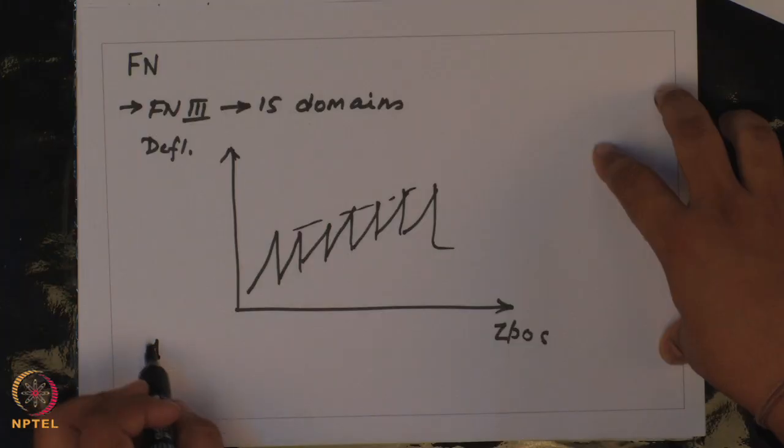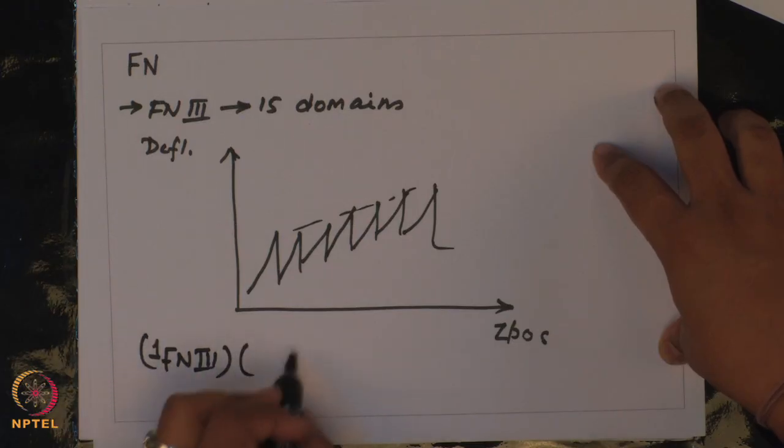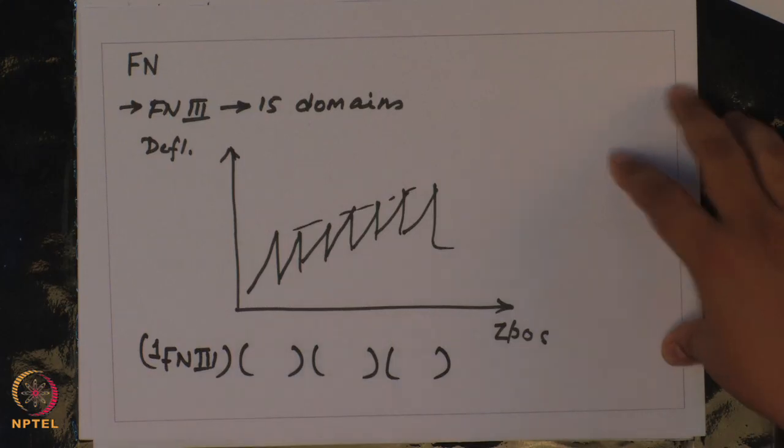So, for this reason, you have to construct proteins, you have to engineer proteins which have, let us say, domain 1, FN3, this domain repeated and so on and so forth.